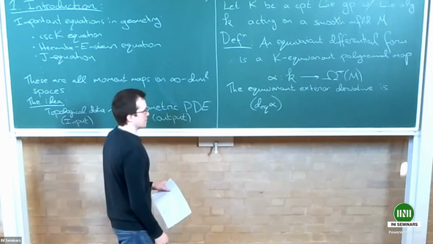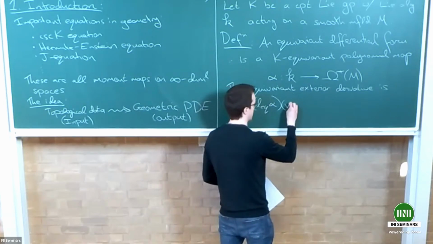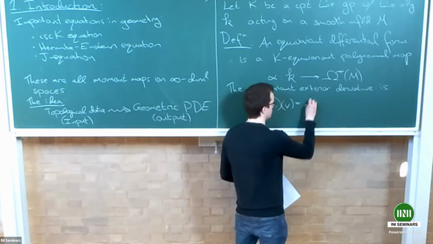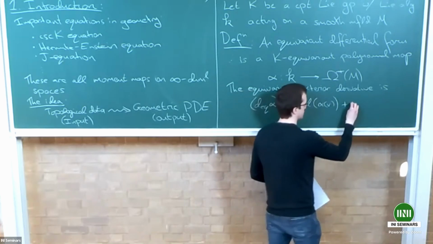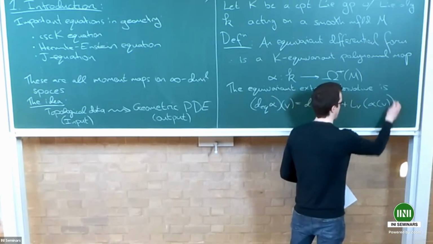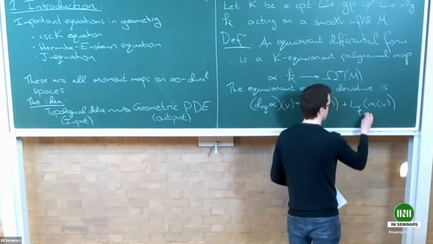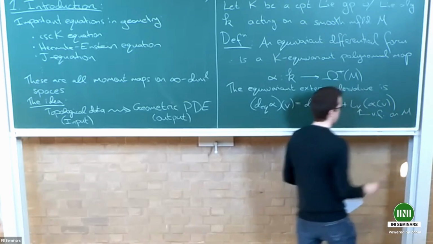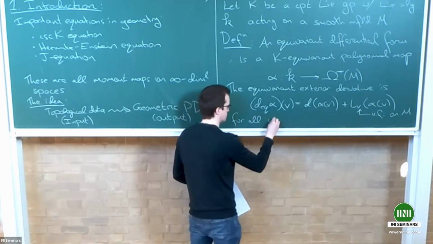Well, that needs to be a map from the Lie algebra to forms, so I need to evaluate it on an element of the Lie algebra. And what I do is I just take the usual exterior derivative of alpha(v) plus the contraction of alpha(v) with the vector field generated by v. So this is vector fields on M. And this is for all v in the Lie algebra.